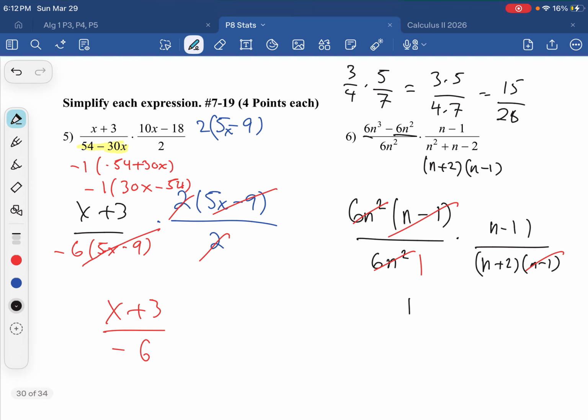So my final answer will be n minus 1 over n plus 2.